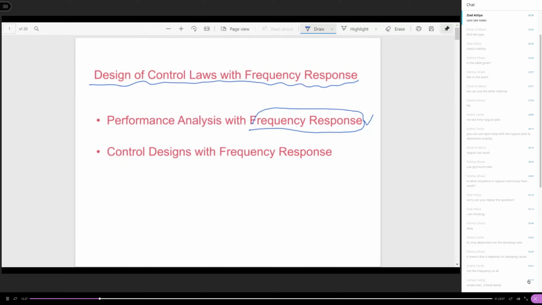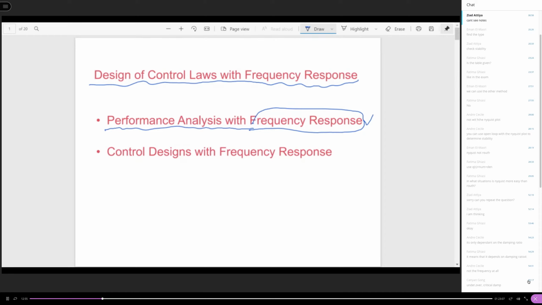The point is that you are not happy with the plant design itself, so you add an extra device, designed by you, to make the target system operate better. So first we need to talk about performance analysis.